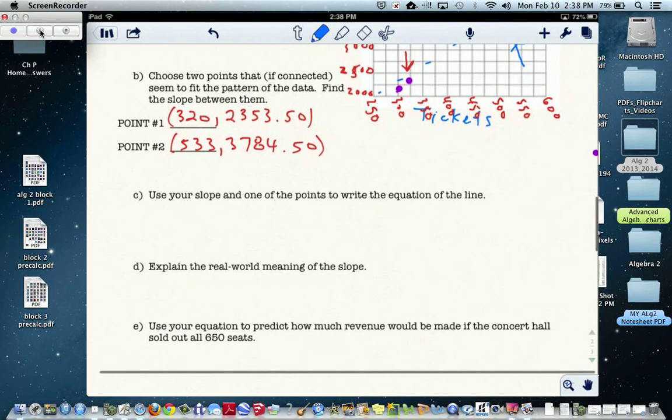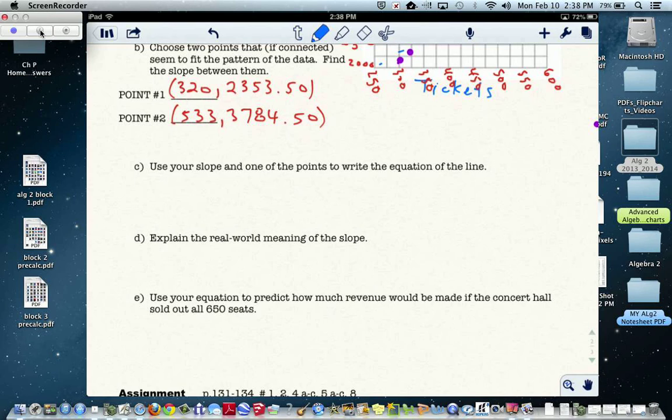So you're supposed to calculate the slope for these lines. And I would do my slope: take one of your y values, subtract the other one, 2353.50.